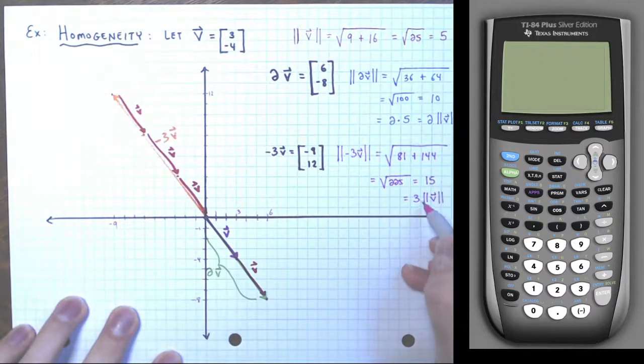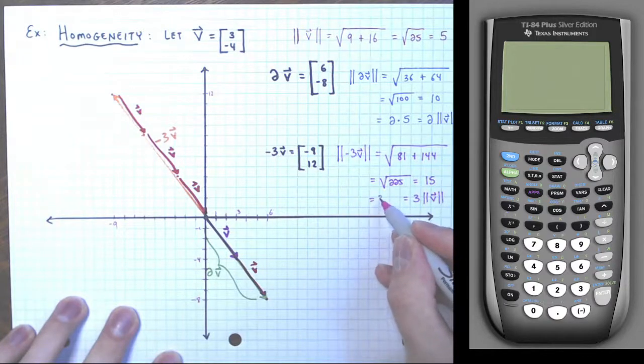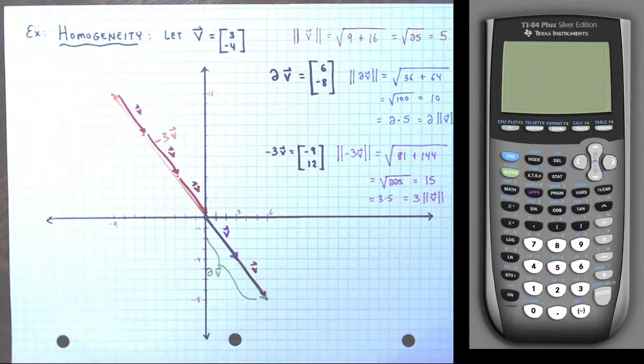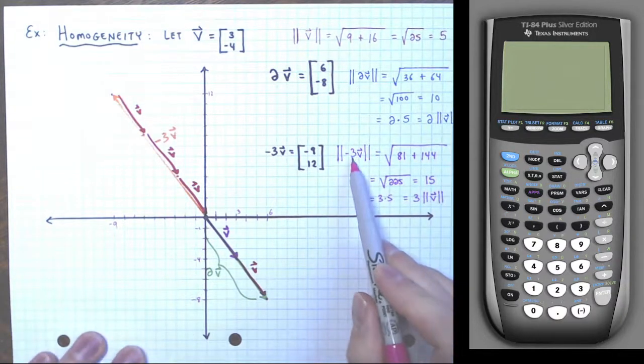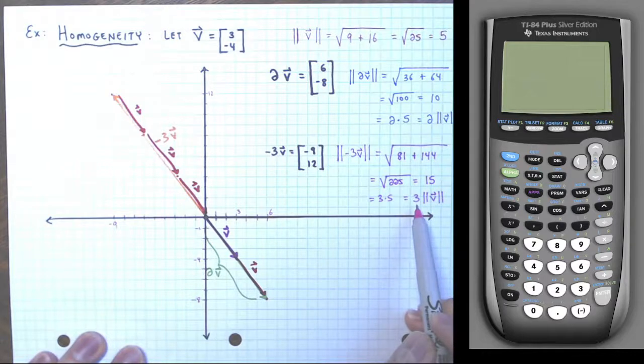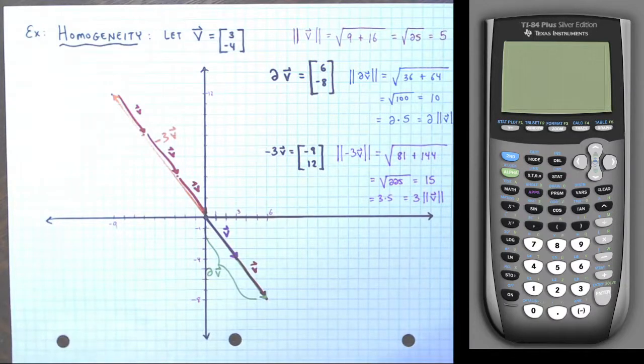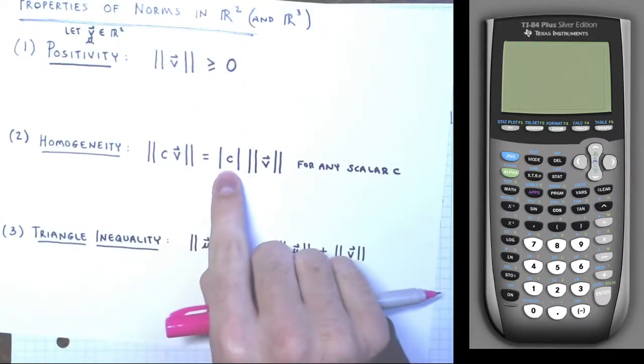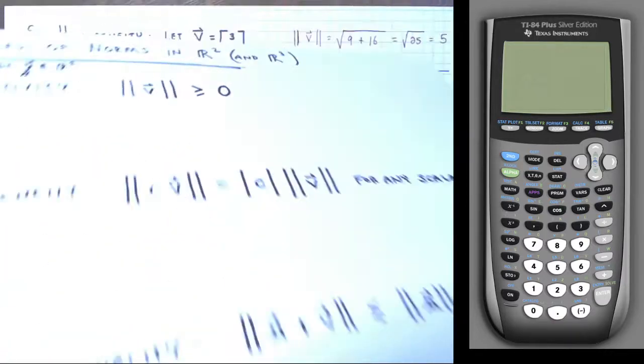That's 3 times 5. 5 was the norm of v, so we have 3 times the norm of v. Notice it's not negative 3, it's positive 3. So that's why the absolute value of c came up in the writing of the property, when I wrote the property for homogeneity, where the norm of cv is the absolute value of c, the scalar pulled out, times the norm of v for any scalar c.